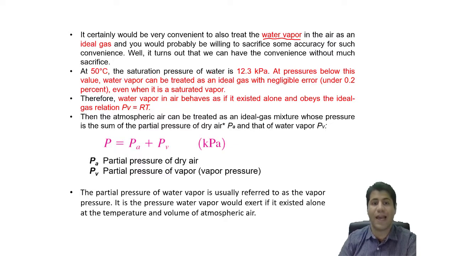We can actually have this assumption for water vapor too, but it is a little different from what we had for dry air. At 50 degrees Celsius, the saturation pressure of water is 12.3 kilopascal.